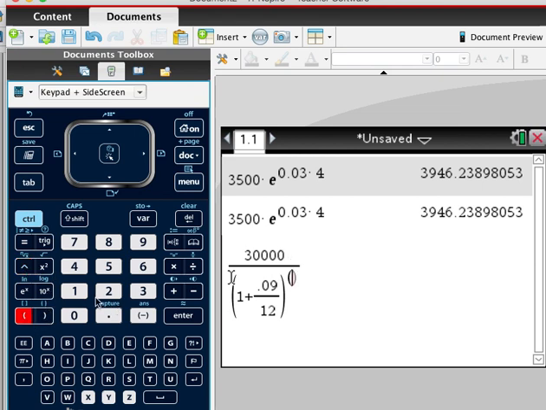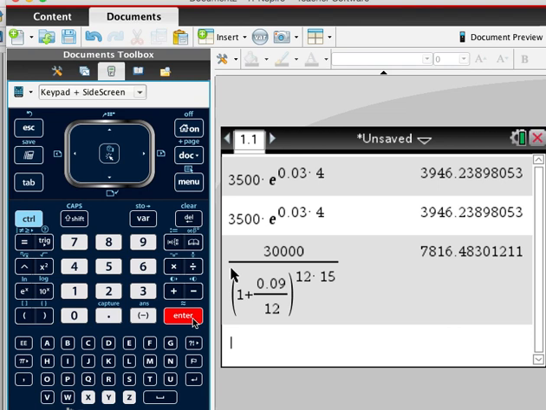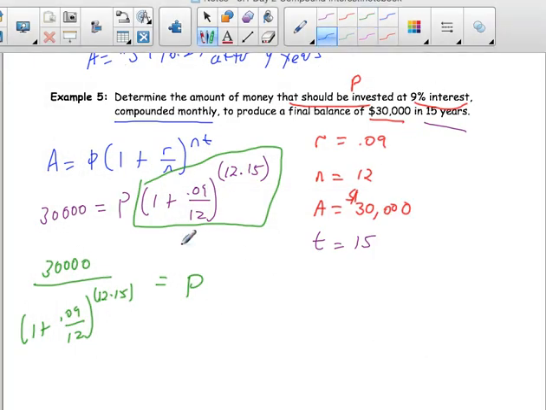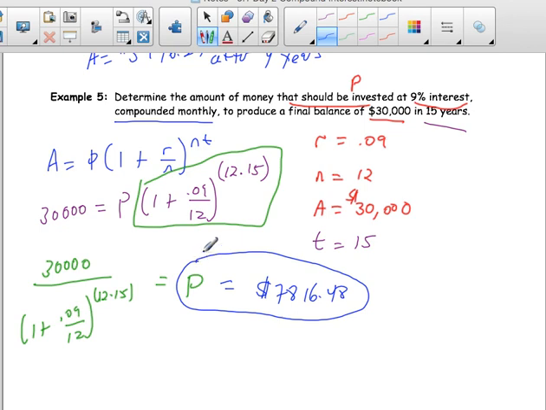I'll put parentheses, and I need 12 times 15. And if I hit enter, I find out that the amount of money we need to invest is $7,816.48, rounding to the nearest cent. So P turns out to be equal to 7,816.48. So that's how much money we need to invest at 9% annual interest when it's compounded monthly over a 15-year time period to end up with $30,000.